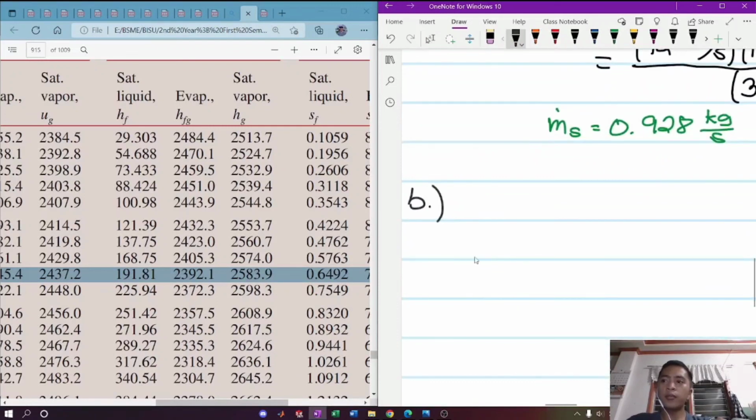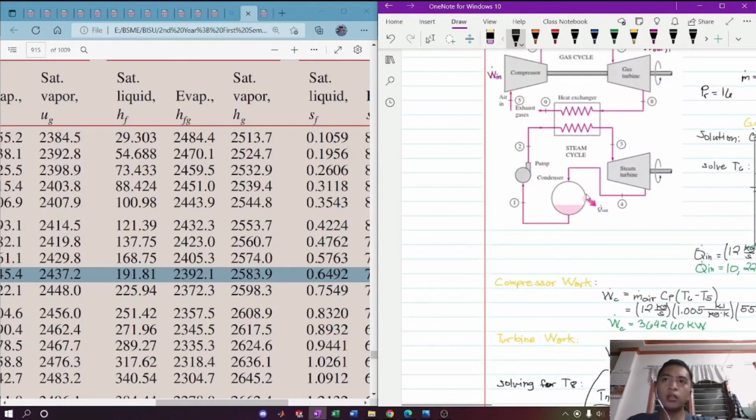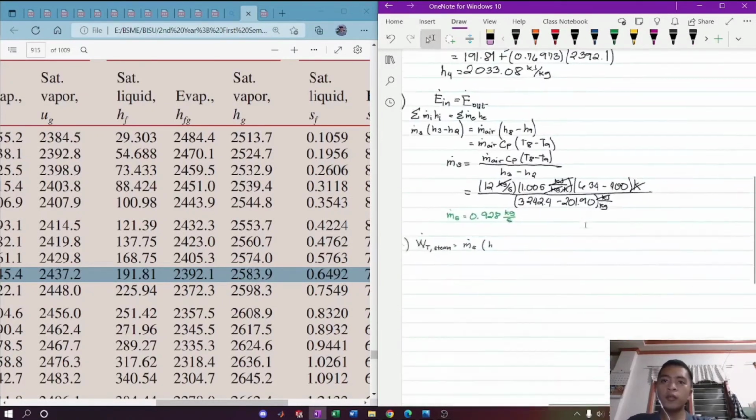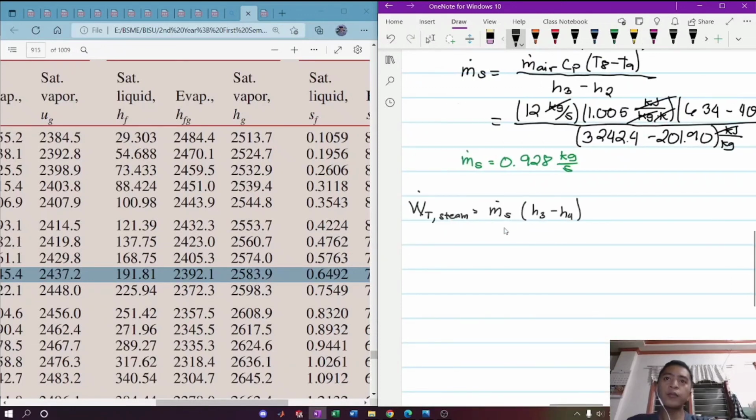So sa steam work dot sa turbine, ito sa turbine sa steam, which is equal to m dot s times h3 minus h4. Okay, so natin mass flow na 0.928.